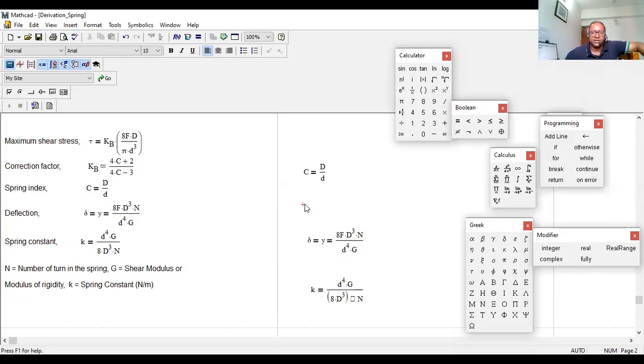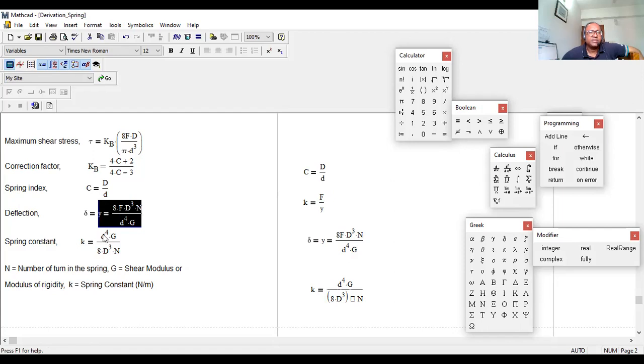Spring constant k equals F by y or delta. That means the amount of force needed for unit deformation. So from here you can figure out the F by y value. That would be the k.